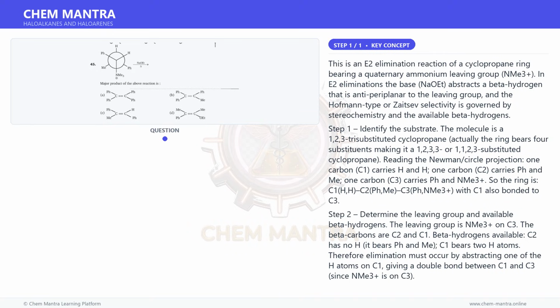C1 originally had 2 H atoms. After losing 1 H it bears 1 H. C3 originally had Ph and NMe3+. After losing NMe3+, it bears Ph. C2 is still attached to C1 via ring opening.